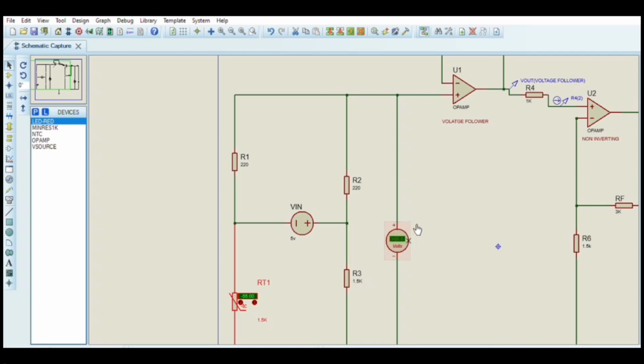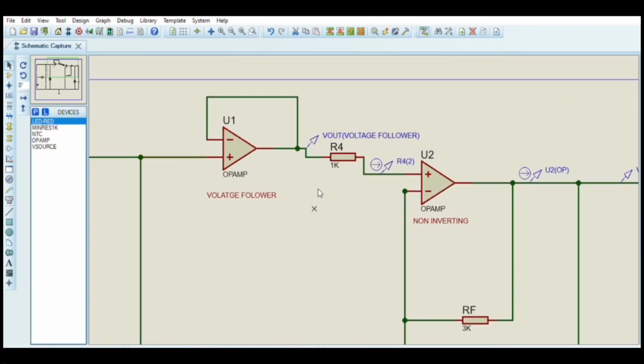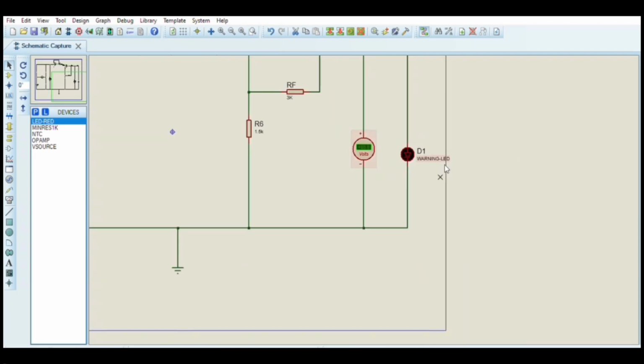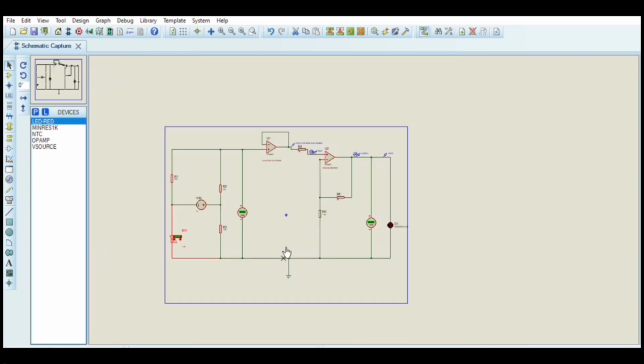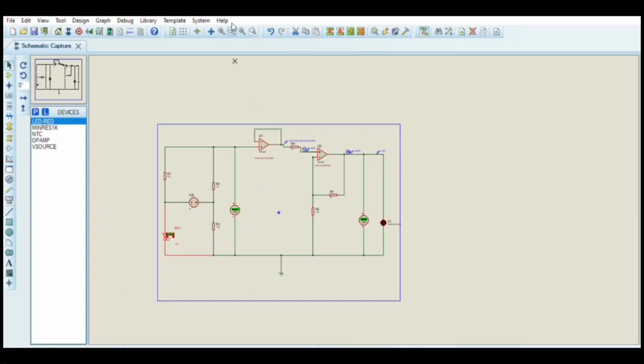We also have a DC voltage, and for Vin we use 5 volt. Then we have two op-amps: the first is the voltage follower, the second is the non-inverting op-amp. We also have the warning LED, and RF and R6. For RF we use 3 kilo ohm and R6 is 1.5 kilo ohm.